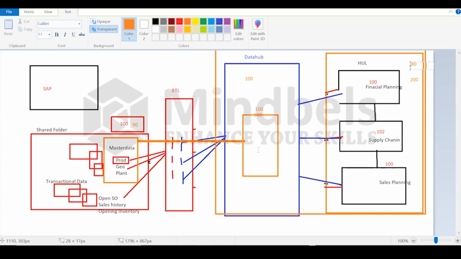Then only our data hub will accept these files, otherwise it will not. The data file should be in three formats: .txt, .tsv, .csv. They need to convert any format to these three formats. The data management team will do this.